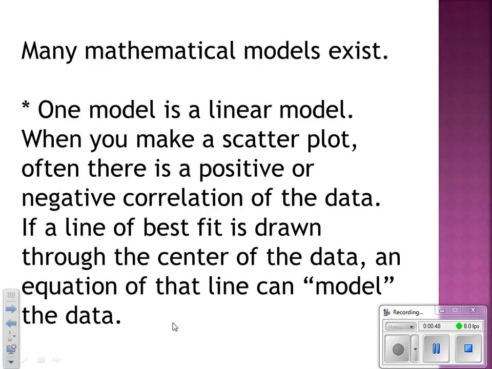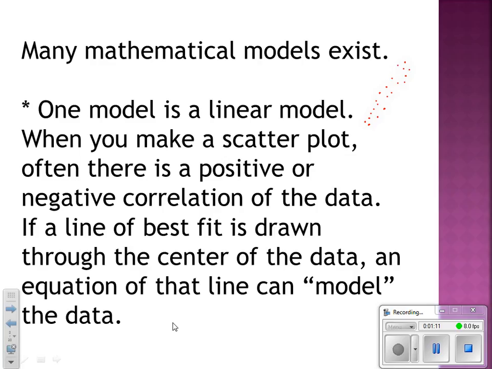It doesn't make a perfect line, but it has what's called a correlation. When the dots line up like this, remember seeing scatter plots that do that? It kind of mimics what a positive slope or a positive line would look like. It's called a positive correlation.